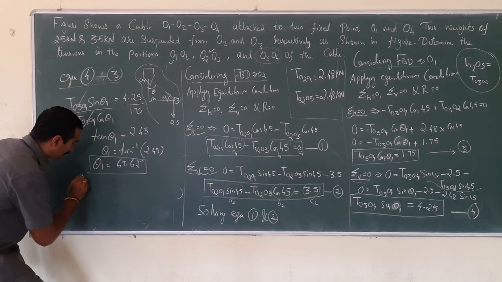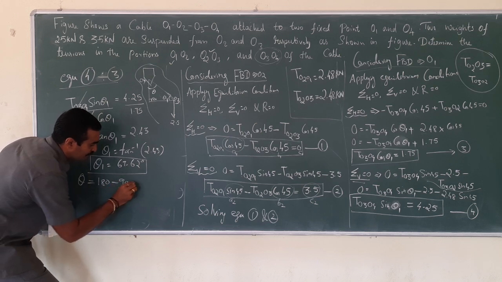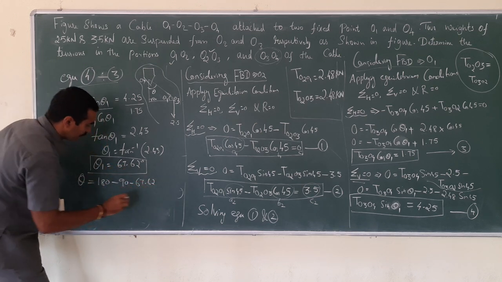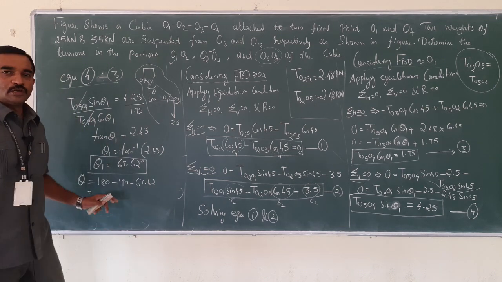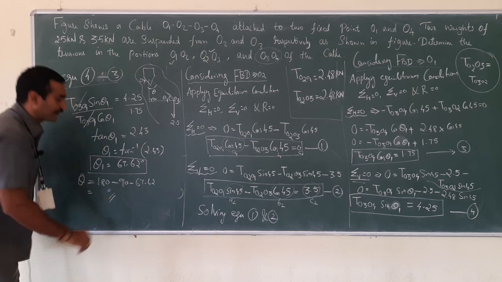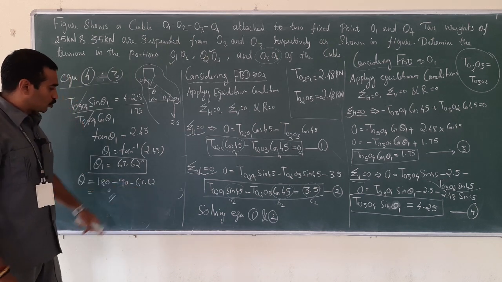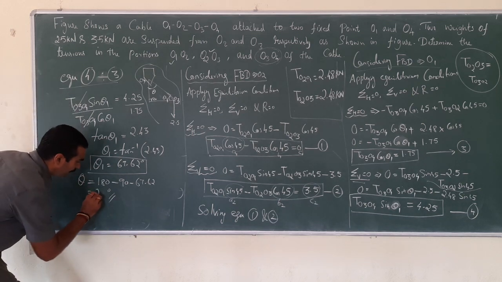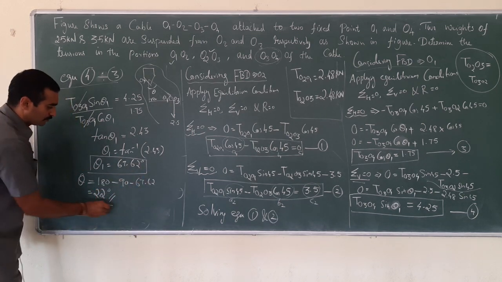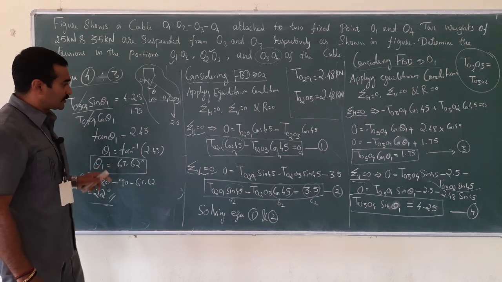So theta is equal to 180 minus 90 minus theta 1. Theta 1 is 67.62. If you do so, you will get roughly 22 point something degree, the theta value.